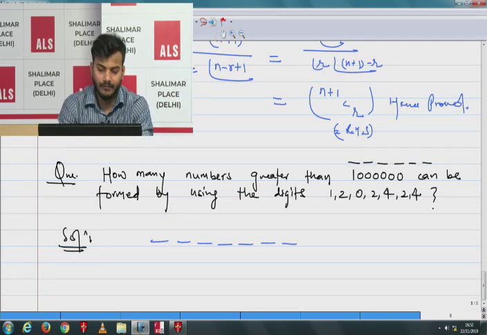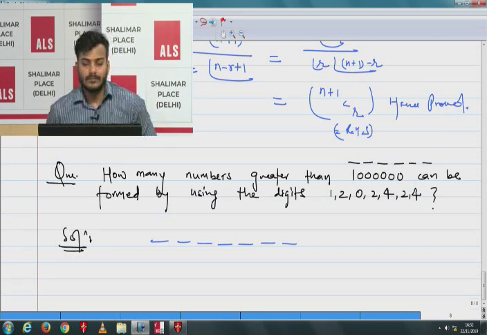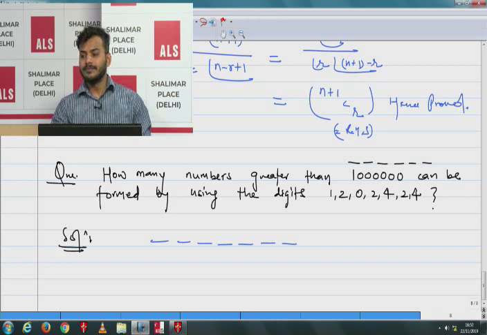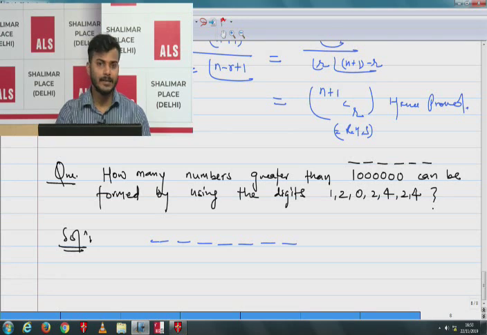Numbers greater than 10 lakh can be formed using the digits. How can you solve this? See, there is one 0 available. 0 you cannot substitute here. Is that clear? You cannot put 0 here.